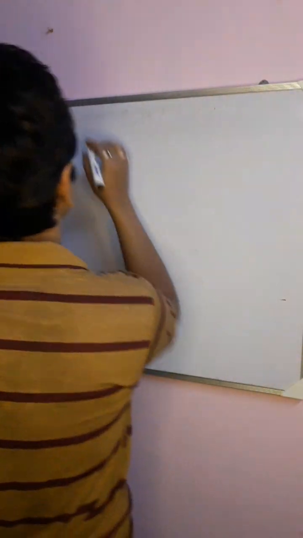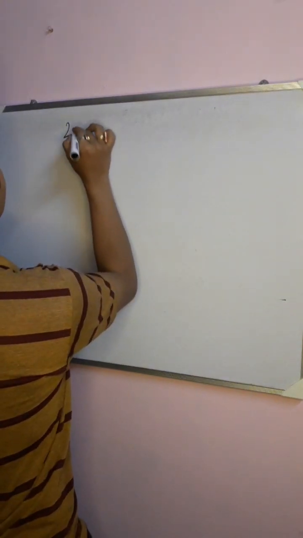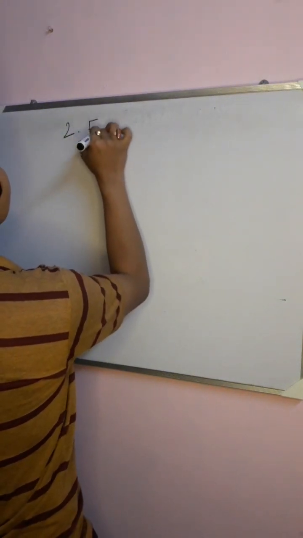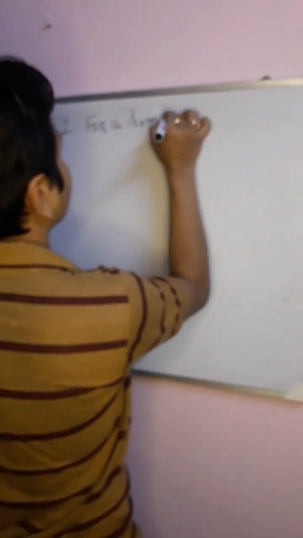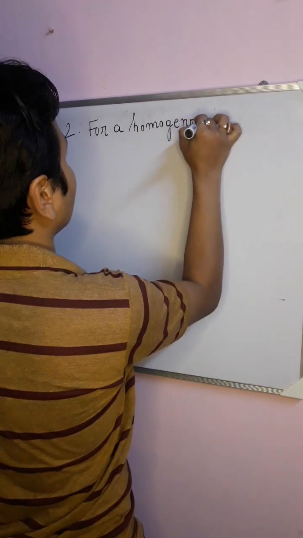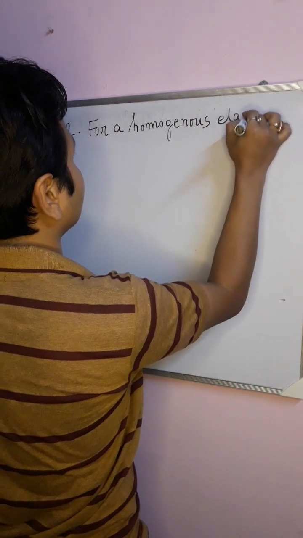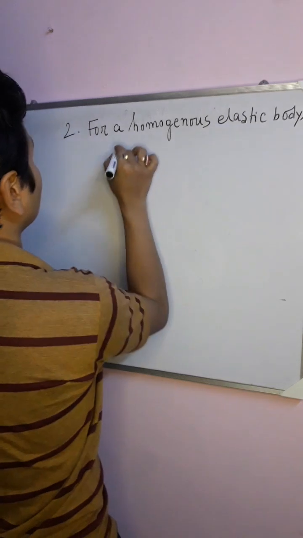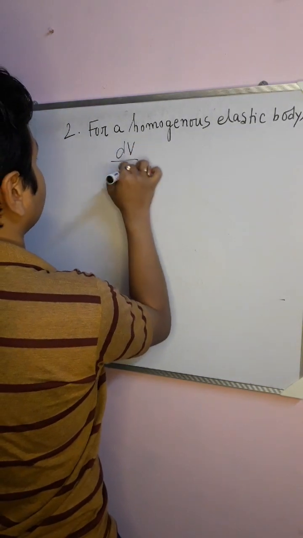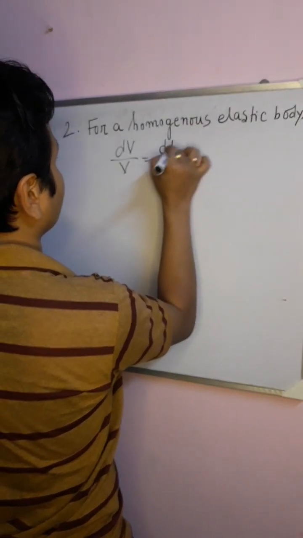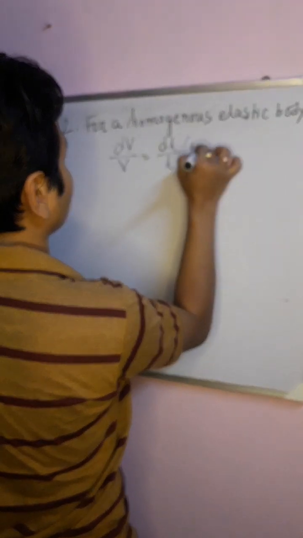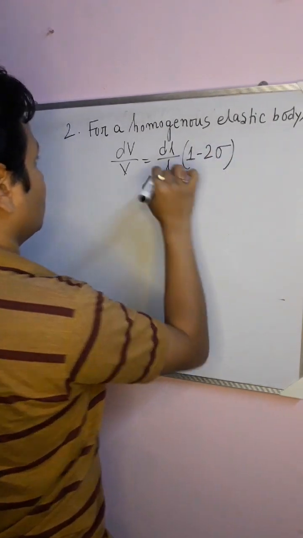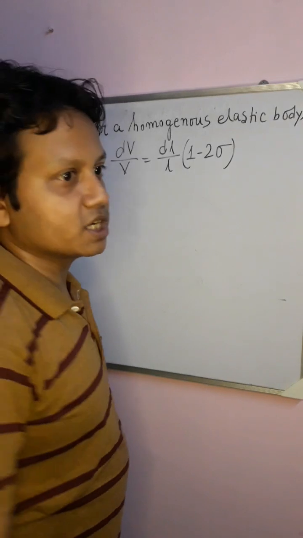Now the second numerical is that for a homogeneous elastic body, we have to show that dV by V is equal to dl by L into 1 minus 2 sigma, where dl by L is the longitudinal strain.